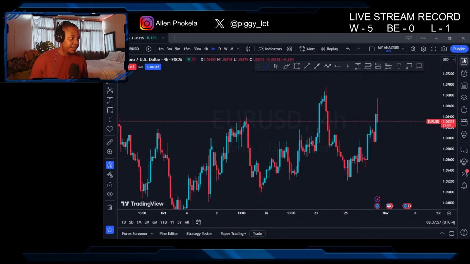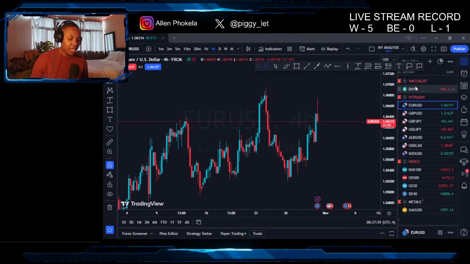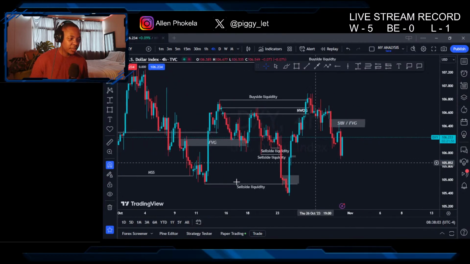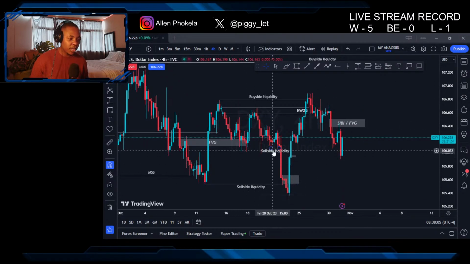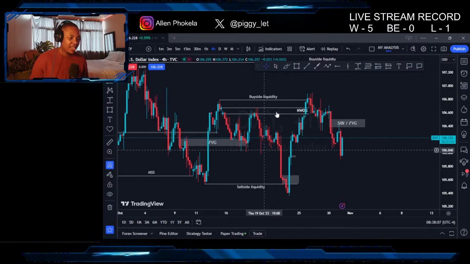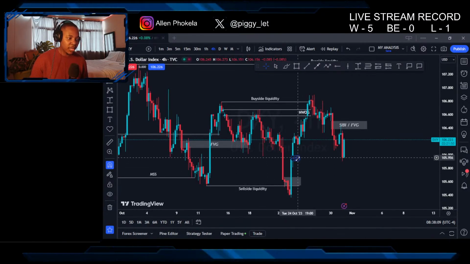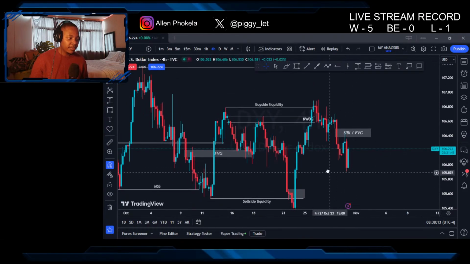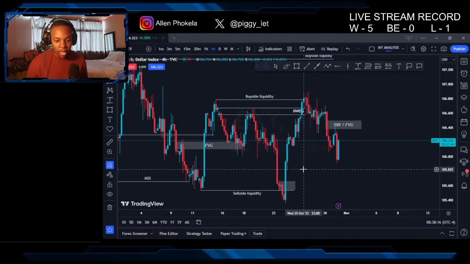So London is always the best session for me to start trading, especially when I just woke up, to find a low risk trade.